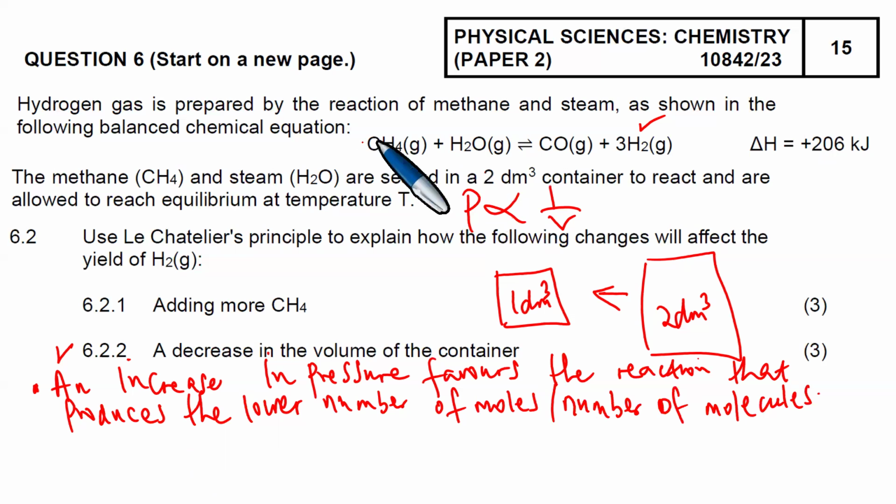You increase the pressure, the lower number of moles, you have 1 mole of methane CH4, 1 mole of water gas, or 1 mole of water as steam, 1 mole of carbon monoxide, 3 moles of hydrogen. So an increase in pressure favors the reaction that produces a lower number of moles. Lower number of moles means you are favoring the reverse reaction.